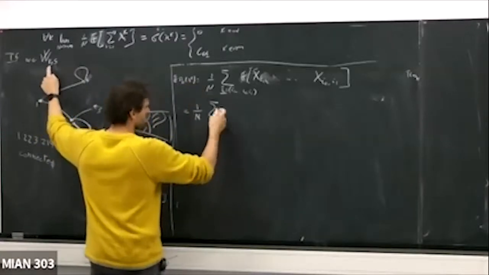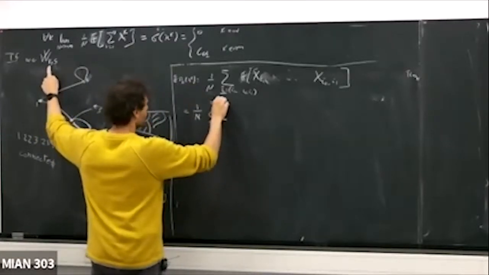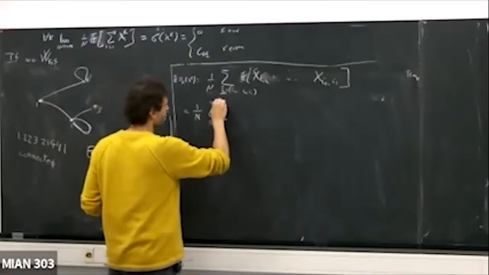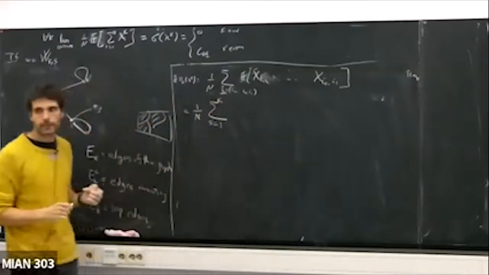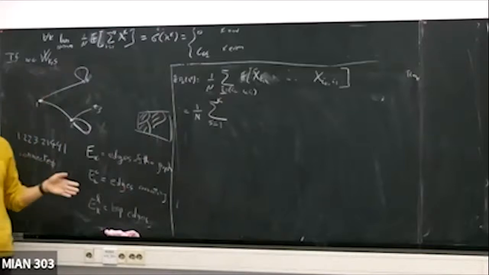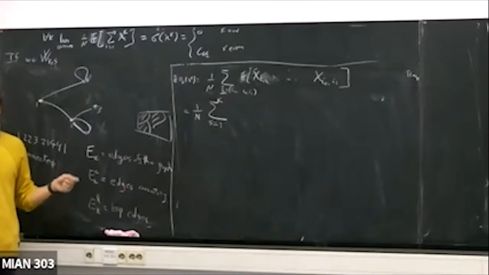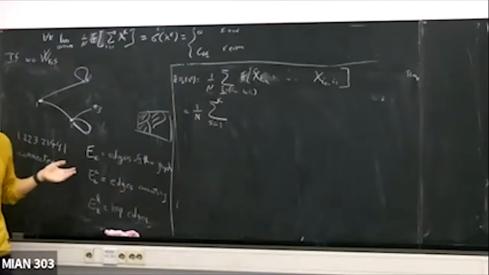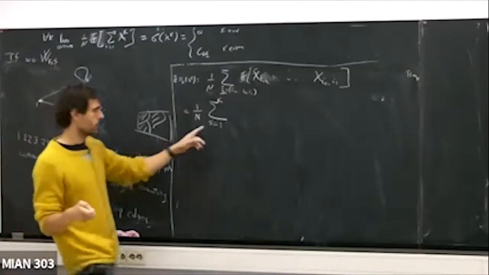The size cannot be more than k, if you think for a moment, because this word has length k plus 1, but the first and the last are the same, so more than k letters it cannot use.